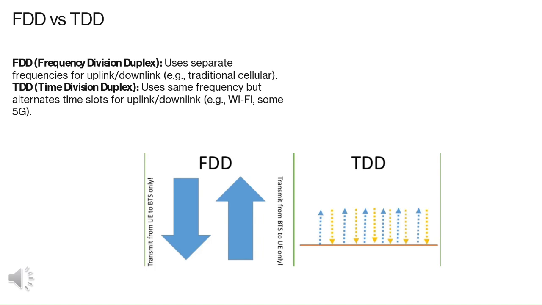FDD uses two separate frequencies. Traditional cellular networks use it because there is no waiting. TDD uses the same frequency but alternates in time, which is cheaper on spectrum and used in Wi-Fi and modern 5G. TDD is more flexible for asymmetric traffic like video streaming.